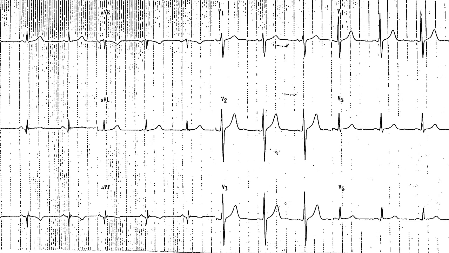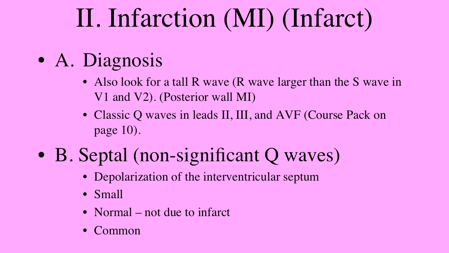Moving forward, and again, we'll come back to a lot of examples, we want to think in terms of the age of the infarct. So now we've said so far that we have Q waves, generally, with a couple of exceptions. We said there was the poor anterior R wave progression and the tall R wave in V1 as being infarct examples too.